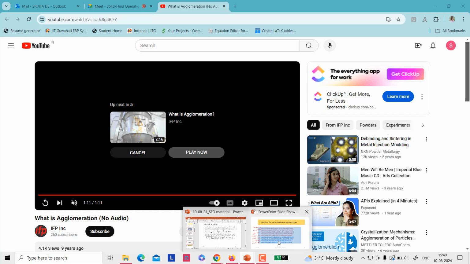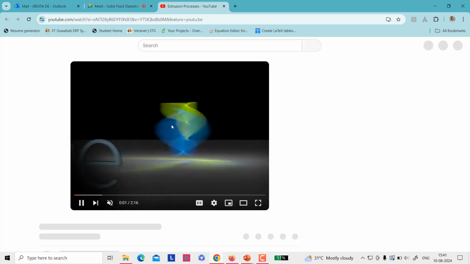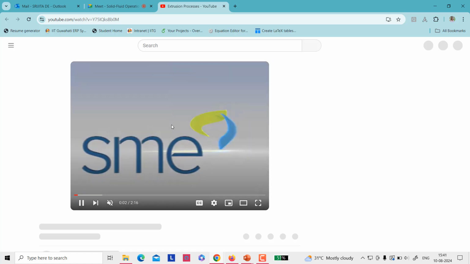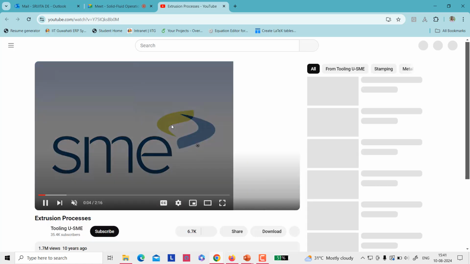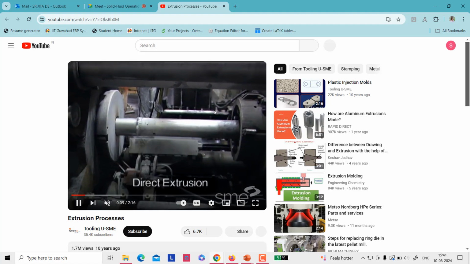Next, this one is the extrusion process. So this is a real mill.